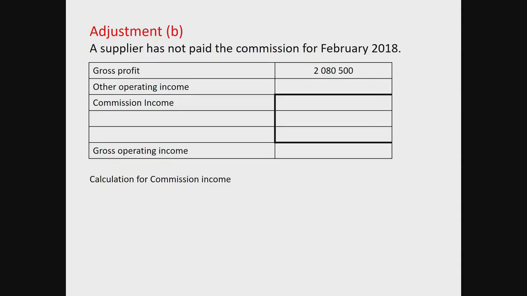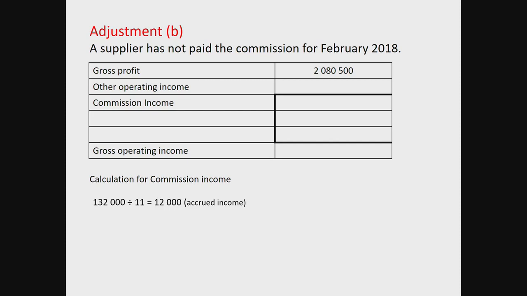So in order for you to get the 1 month that is outstanding, you take the total that you have in your trial balance, which is 132,000, and you divide by 11, and that equates to 12,000 rand per month, which means the amount of money that is outstanding, that the company hasn't received, is called accrued income.